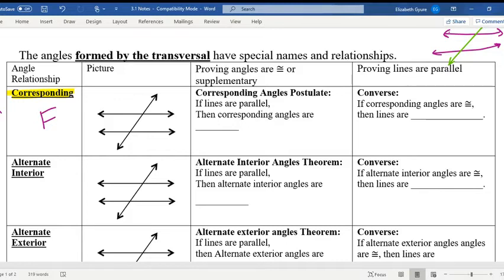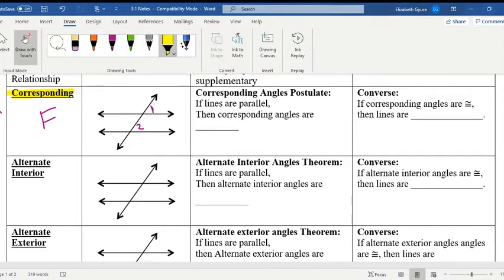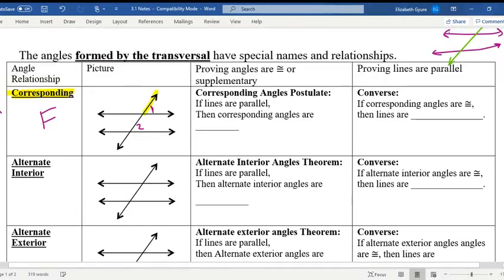So for example, I'm going to label this angle here angle 1, and this angle here angle 2. Those would be corresponding angles. They're both on the left of the transversal, and they're both above those two lines. And if you take a highlighter or a pencil and you box in the corner where 1 is, and you box in the corner where 2 is, it might be upside down and kind of slanted, but isn't that kind of like an F shape?